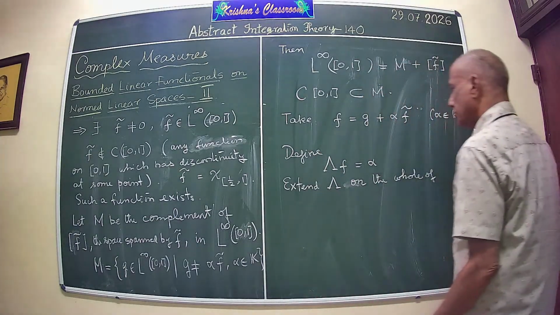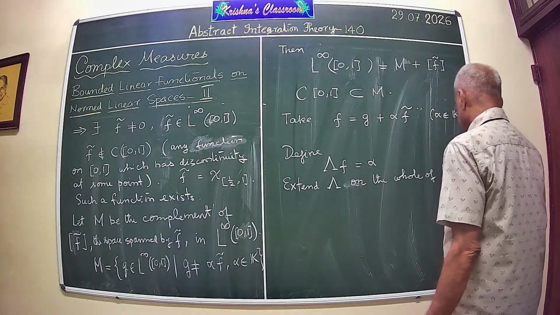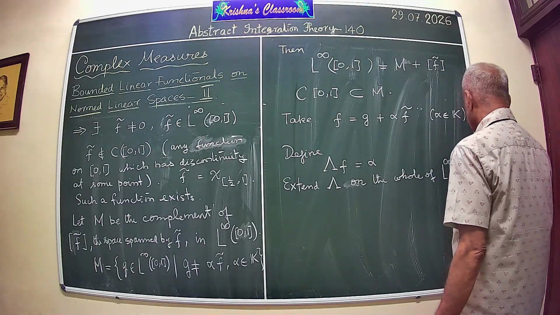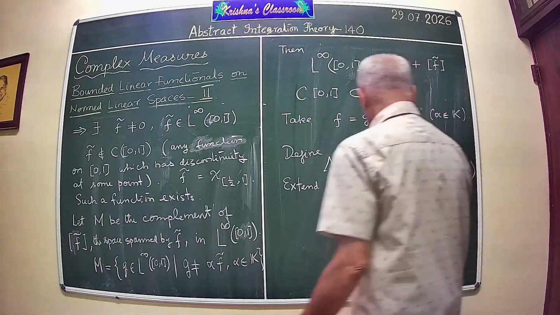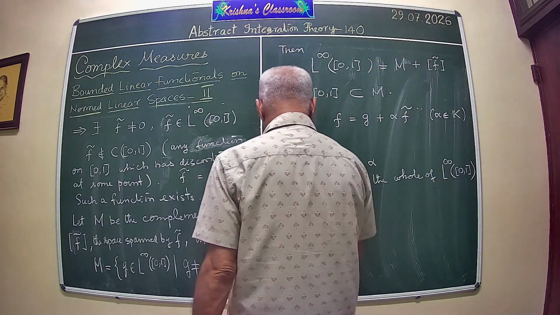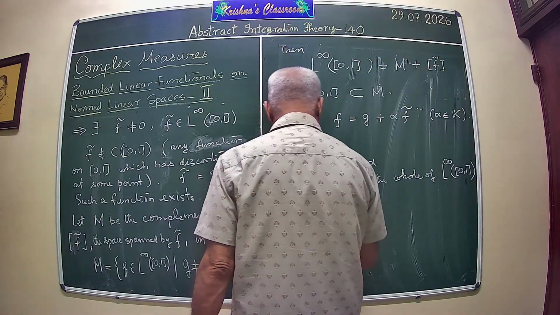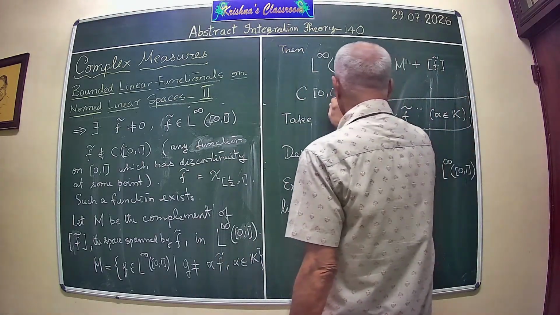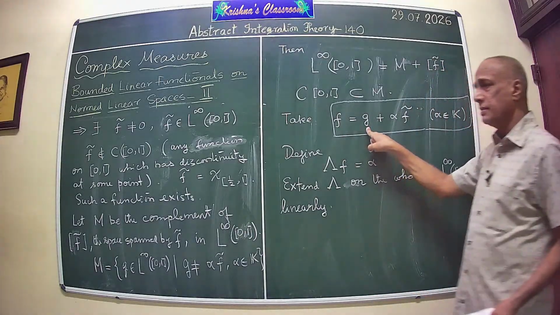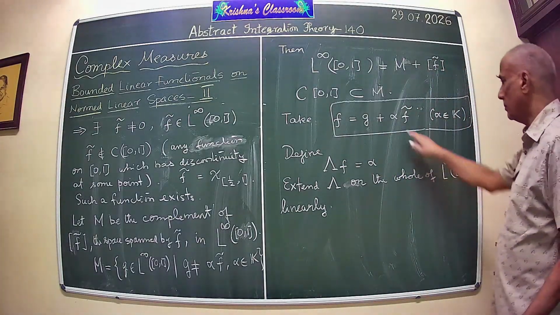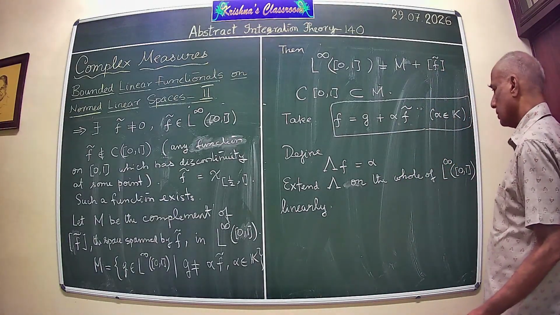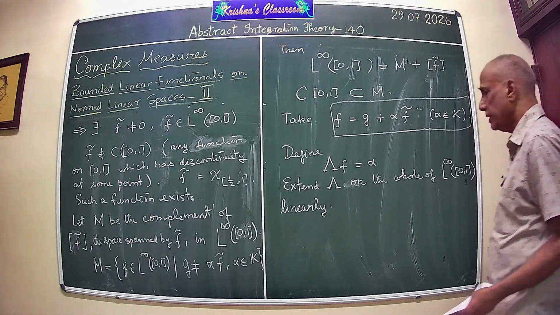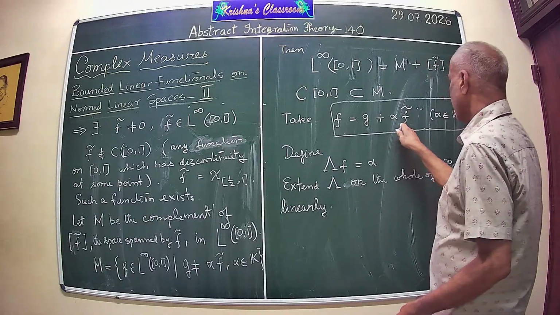on the whole of L infinity [0,1] linearly. So this is the general expression for this. It's an element G belonging to M plus this. It's linear. So once you get this, it is defined as this.